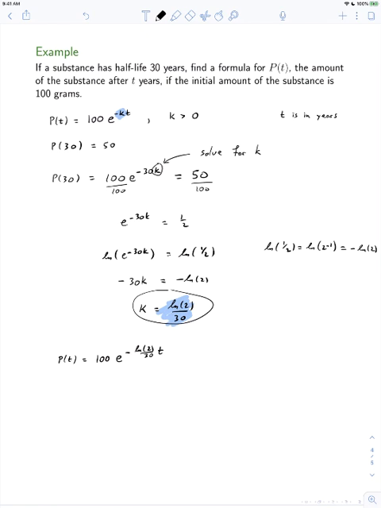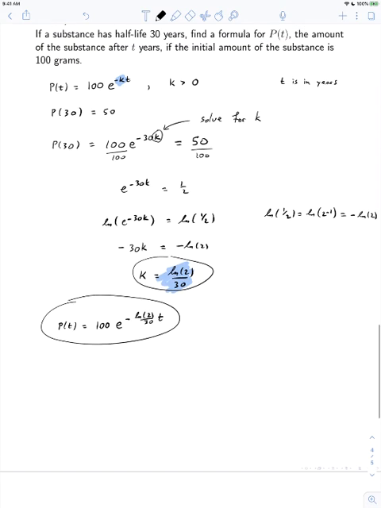Now this is the answer, but you can actually do a little bit better than this, because you can simplify this expression. So P of t is 100 times e to the minus ln of 2, and I can write this as 1 over 30 times t. So let's just replace that as t over 30.